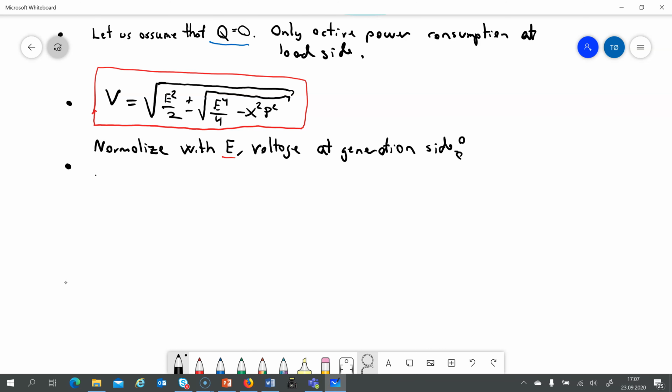We take then U divided by E, and then we get 1 divided by E, square root, E squared, half, plus minus.